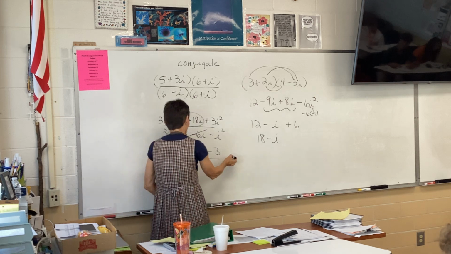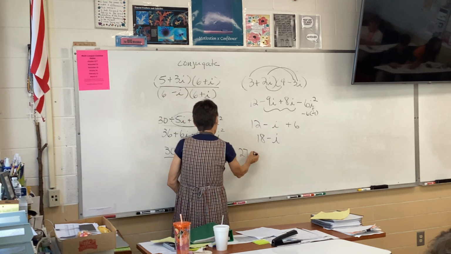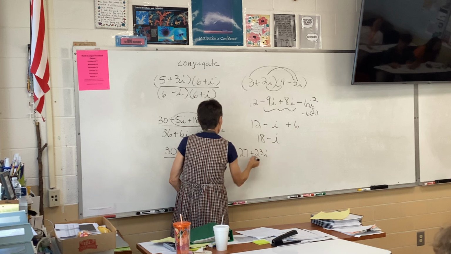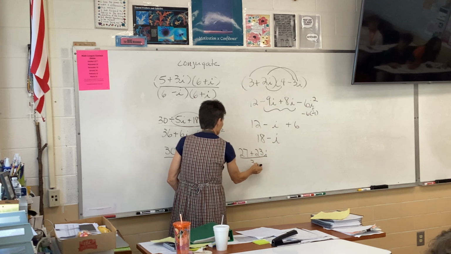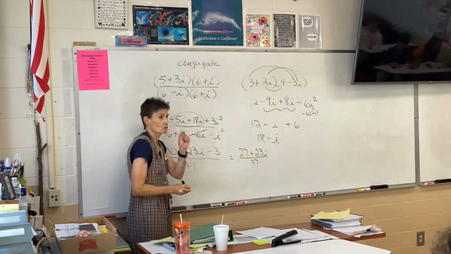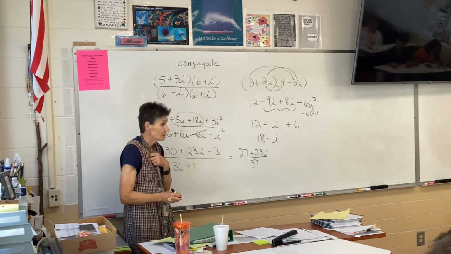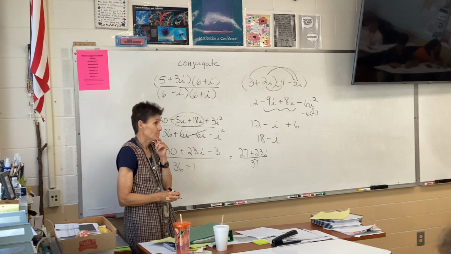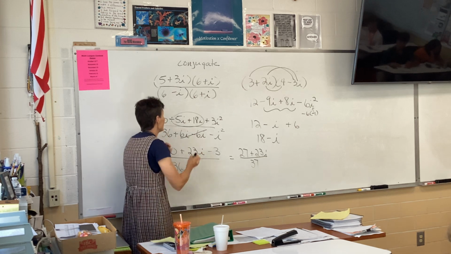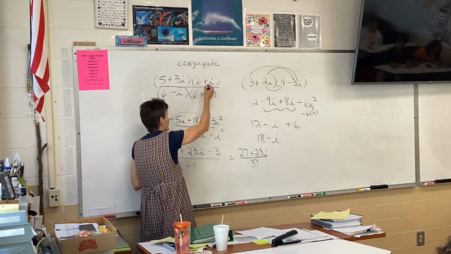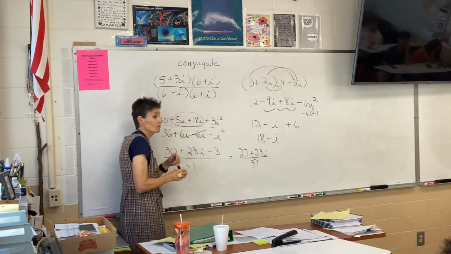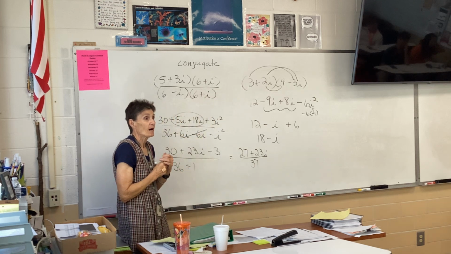So now you have no i's left in the bottom, and that's the rule. You cannot have an i in the bottom of the problem. So to get rid of it, we do this trick that Leilani was talking about. We multiply by the conjugate.